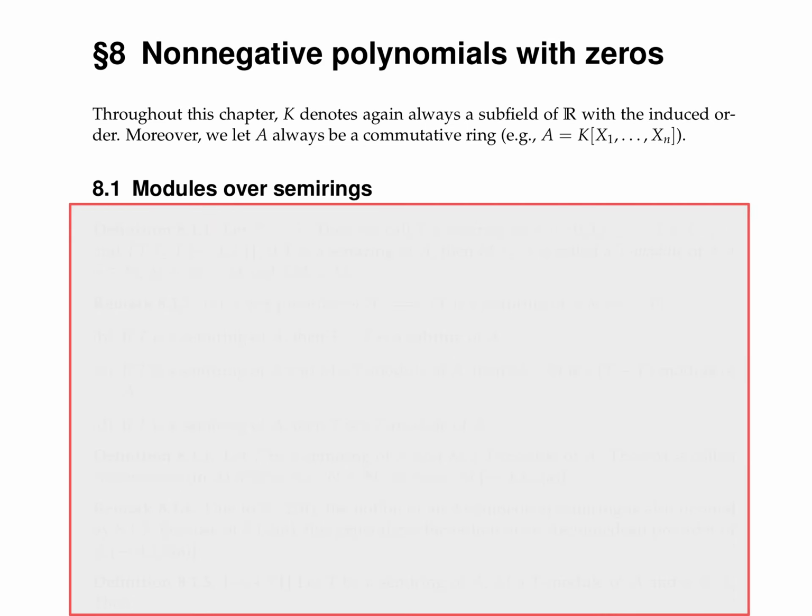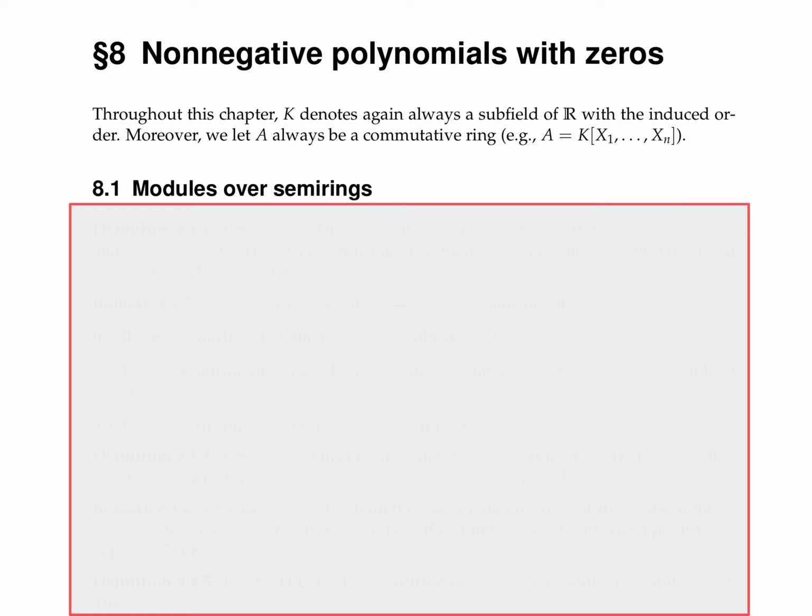Okay, so throughout this chapter, K denotes again always a subfield of R with the induced order, right? It will not be easy to work here over real closed fields, although later in the next chapter, chapter 9, we will actually do this again, but we will have to work over the subring of finite elements of a real closed ring.